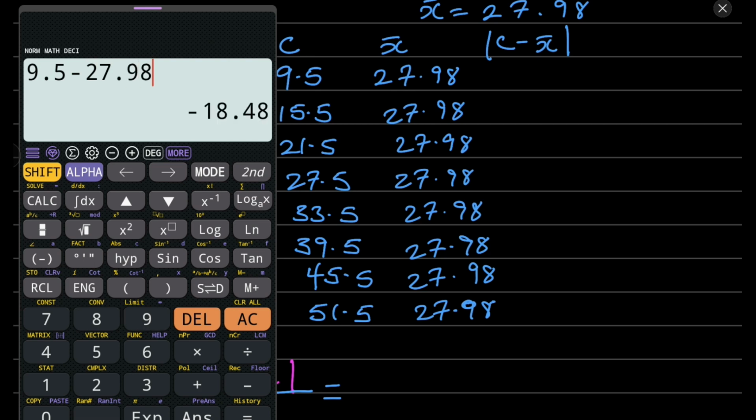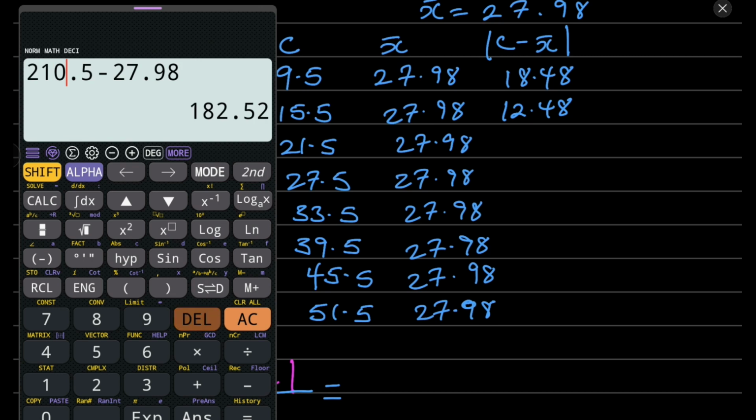Since we need the absolute value, we neglect the negative sign and just put 18.48. Then change the value again to 15.5. Here we have 12.48.